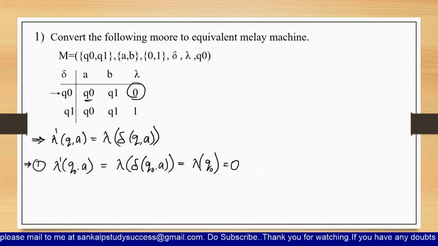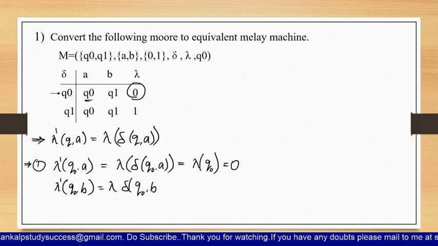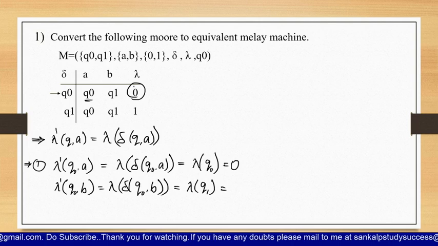Now let us apply B to Q0. So lambda dash of Q0 comma B is equal to lambda of transition function of Q0 comma B. The transition function of Q0 comma B is nothing but Q1, and lambda of Q1 is given as 1.